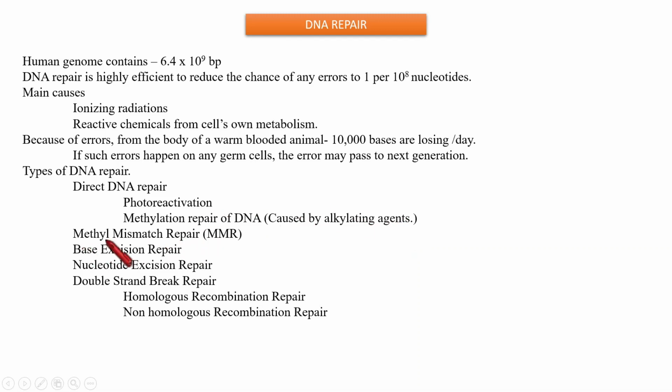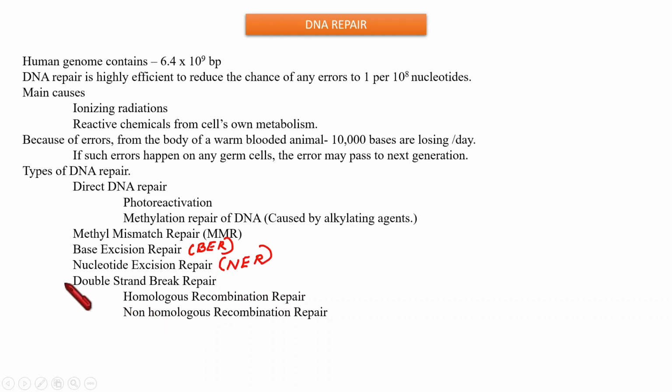Then the second type of repair is methyl mismatch repair. It is otherwise called MMR. Then base excision repair, it is otherwise called BER. Then the next one, nucleotide excision repair. It is otherwise called NER.